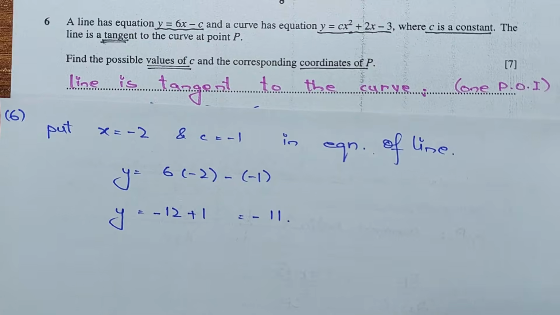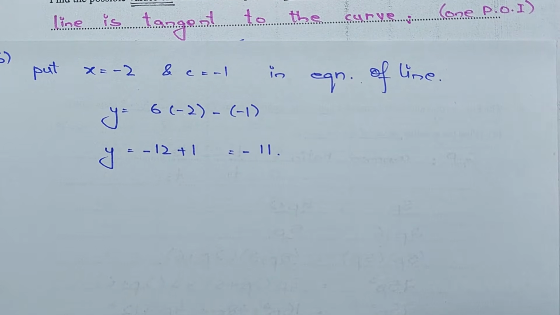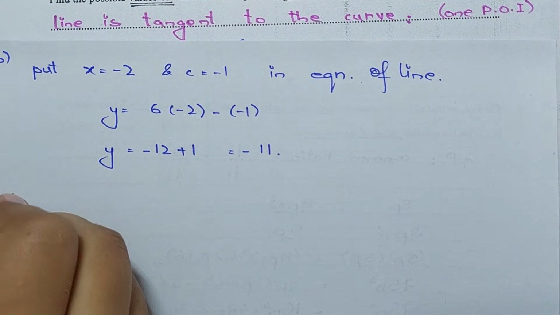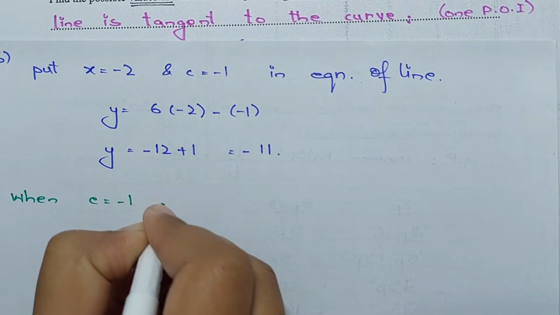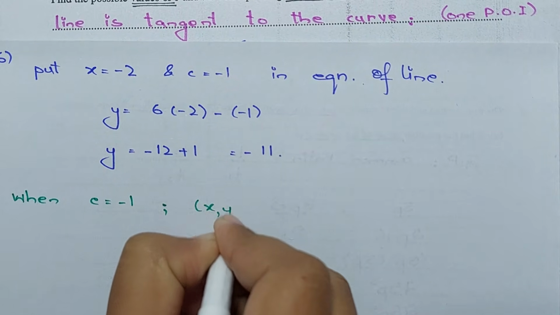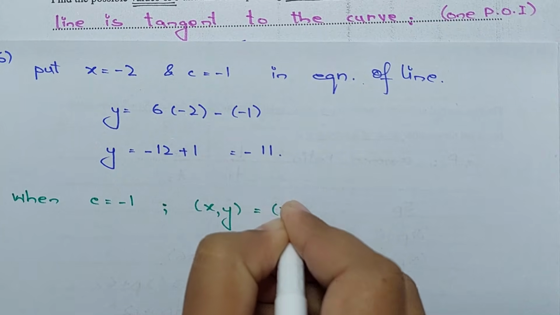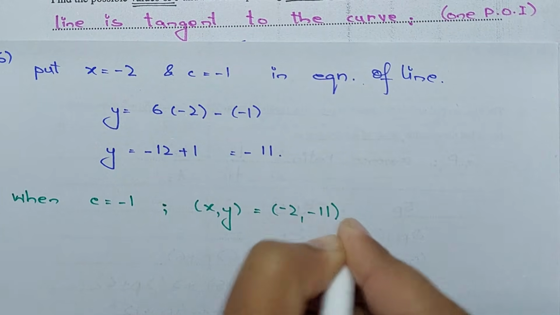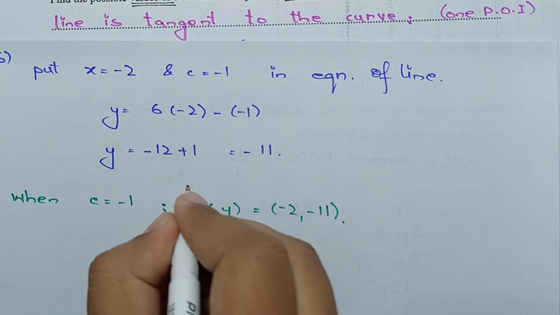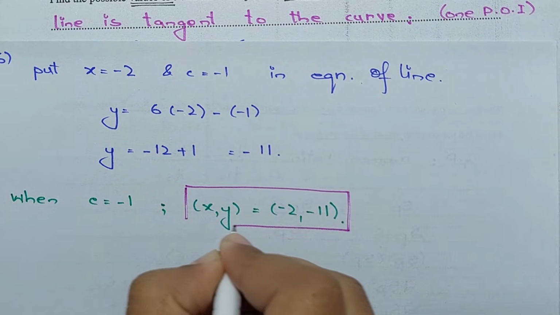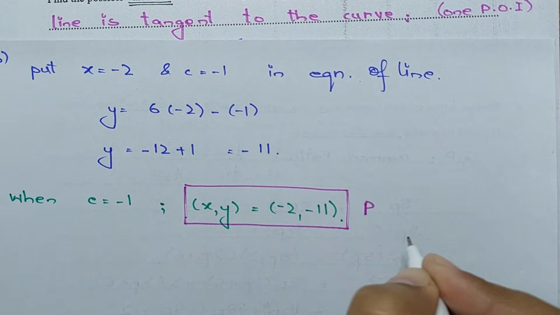You will get the y coordinate, right? So we can write down the first case when c is minus 1. The point x and y coordinates are x is minus 2 and the y is negative 11. Okay, so these are the first possible coordinates for point P, right?